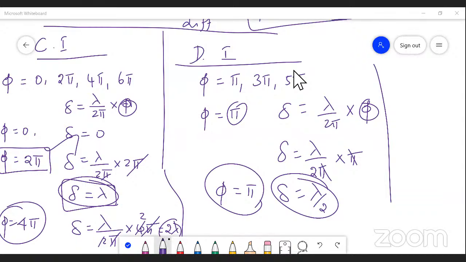So if delta is equal to lambda, is this constructive or destructive? Constructive. Very good. If delta is equal to lambda by 2, is it constructive or destructive? Destructive. What about a path difference of 3 lambda by 2? Is this constructive or destructive?